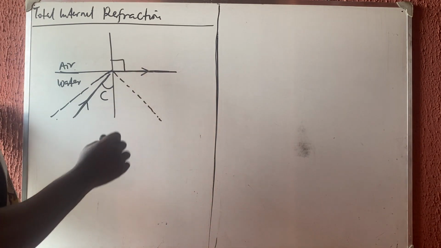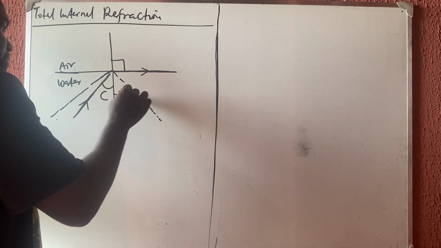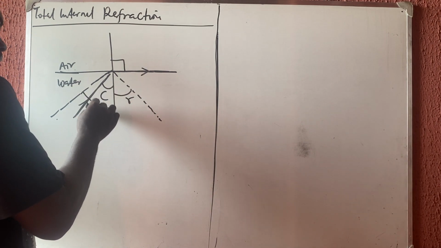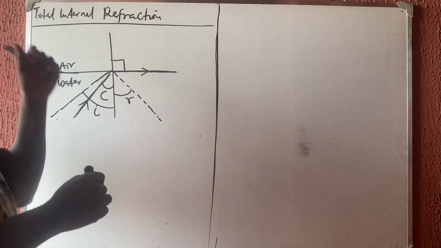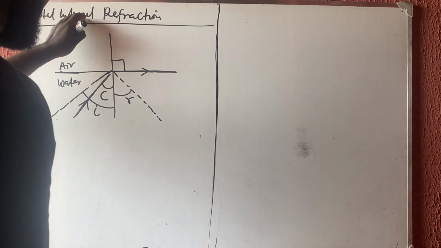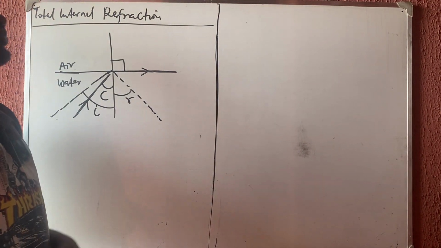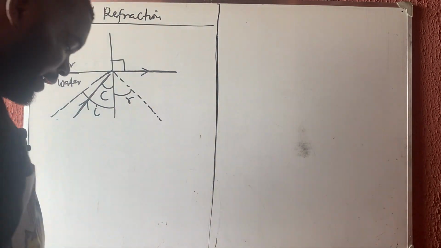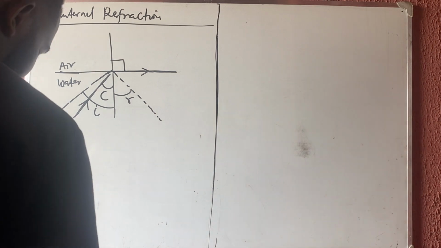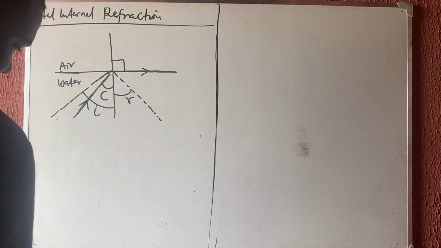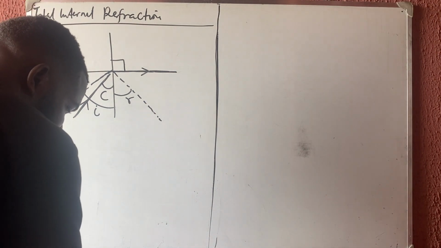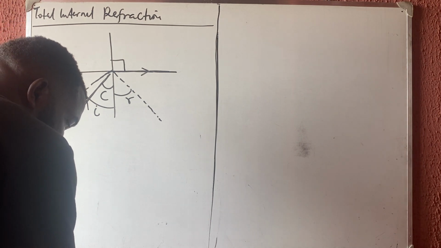This is my R here, while from here to here is my I. That is what is known as internal refraction. Instead of going to the less dense medium, it came back into the medium.